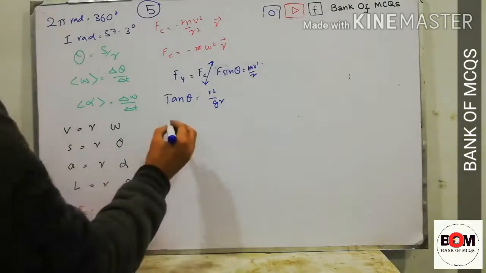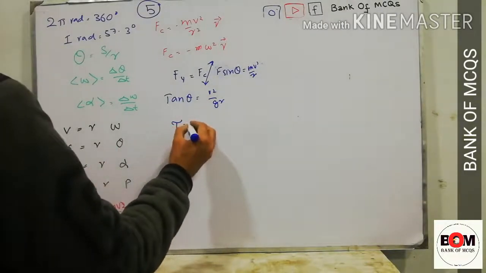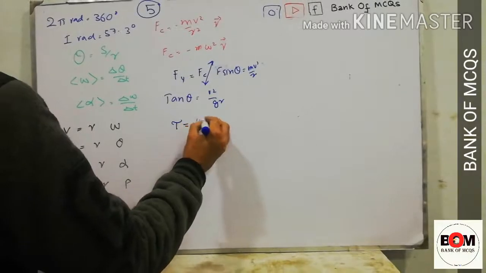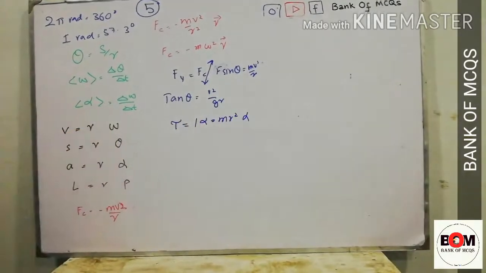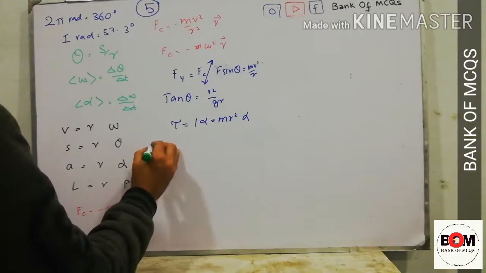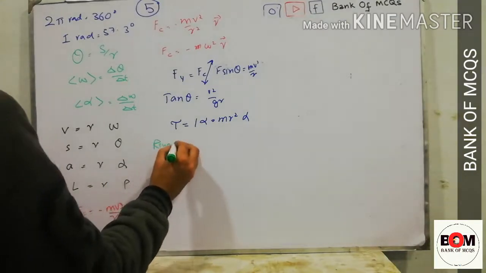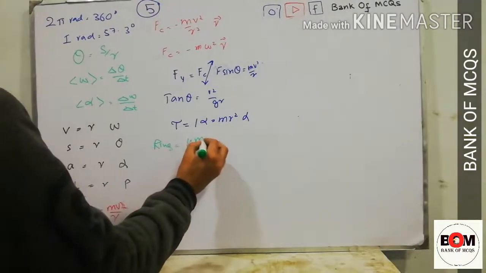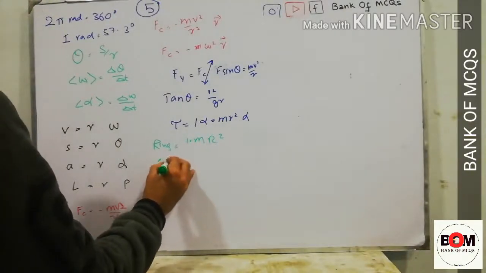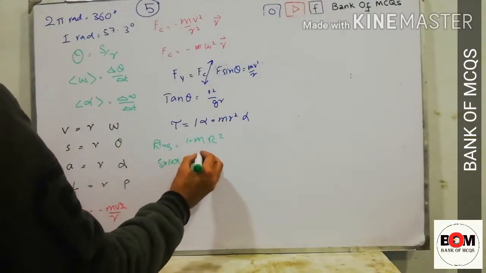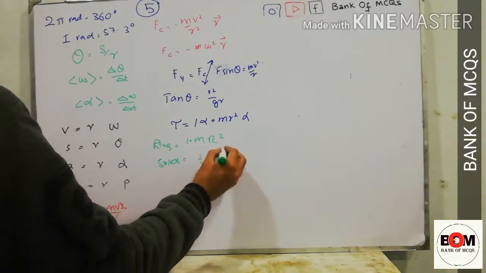The next was torque is equal to I alpha or mr square alpha. And next were the values of moment of inertia: for a ring, I is equal to mr square, and for a solid sphere, it was half mr square.